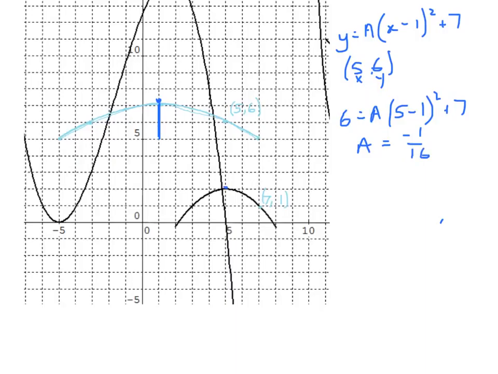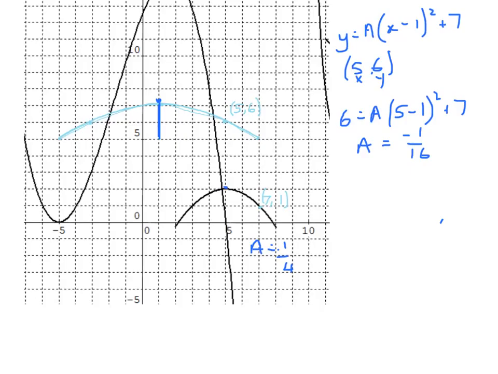Now previously, in my previous equation, my coefficient a was negative 1/4. So I've actually made it twice as wide. This graph was 6 squares wide. This is now 12 squares wide.